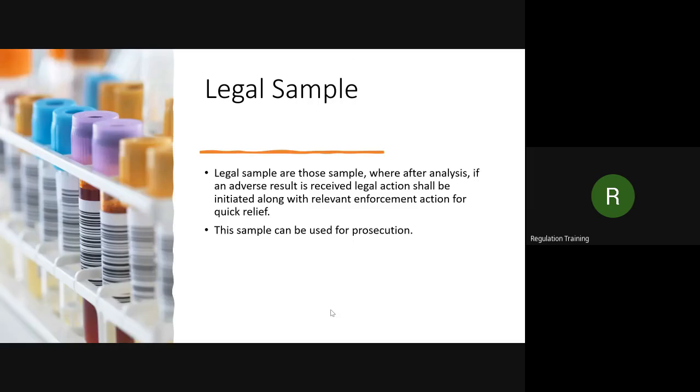Legal samples are those samples where, after the analysis, if the product fails, meaning it does not meet the requirement, then prosecution will be started. Prosecution can be in terms of penalty, and can also be in terms of imprisonment. That is the legal sample. We all know that if it is just a penalty, then the DO will decide. The DO will just intimate the food commissioner.